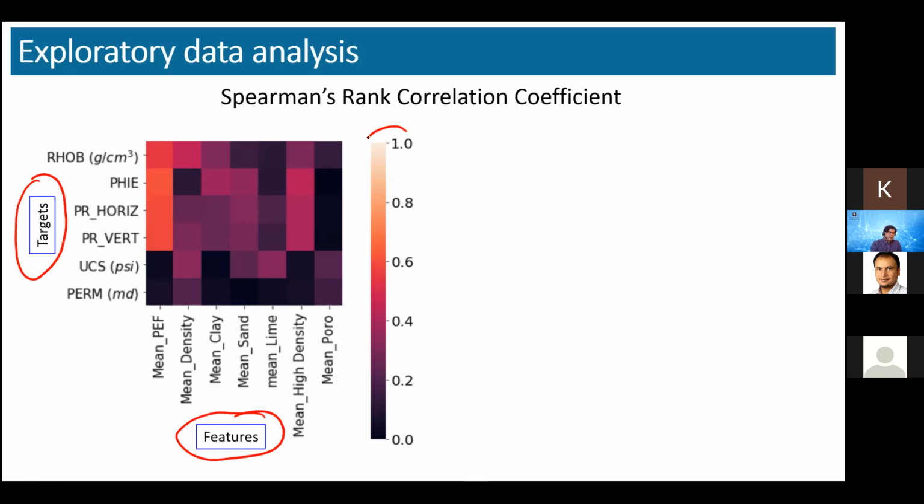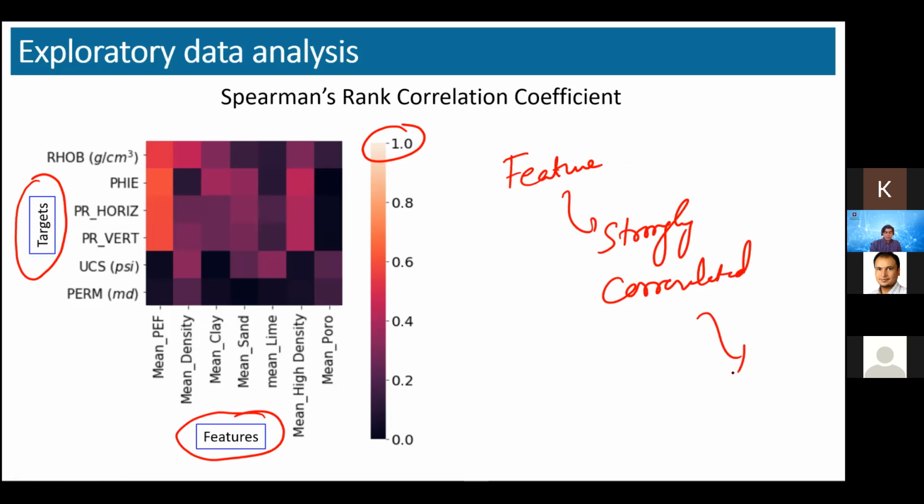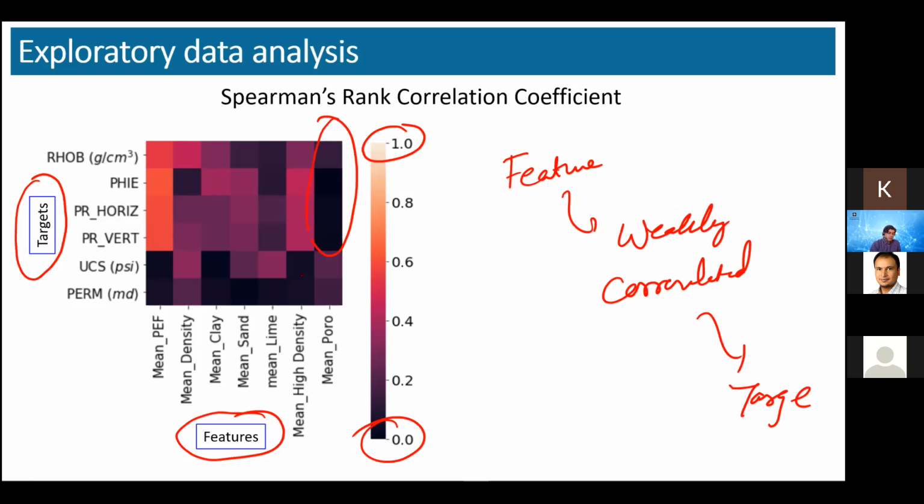Anytime you see a lighter color means the feature is strongly correlated to the target. That's what it means anytime you see the lighter color. If you see the darker color, feature is weakly correlated to the target. And what you see here is mostly we have darker colors.